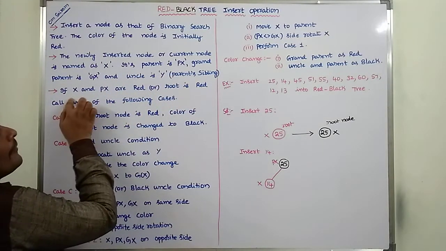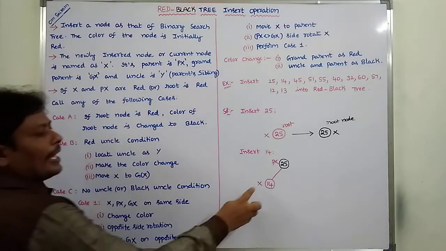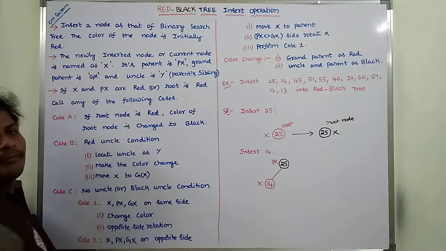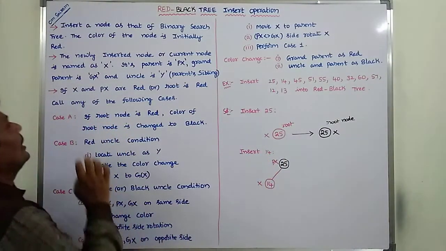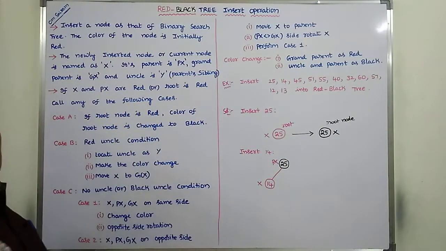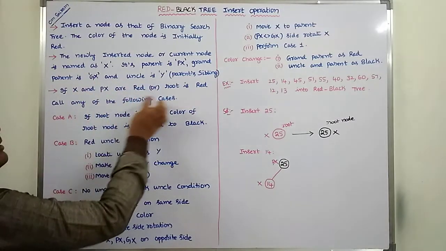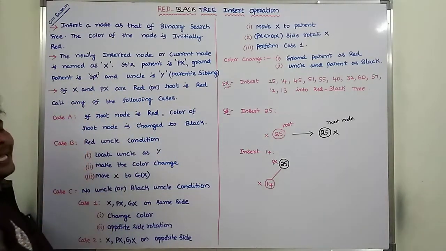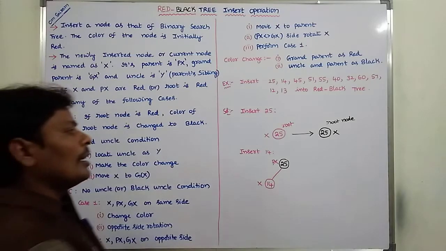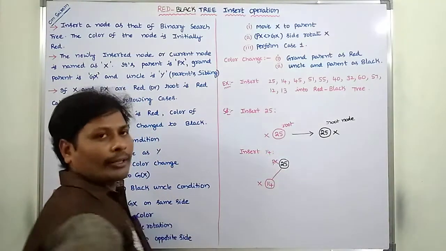Next, if X and Px are red: false. Root is red: false. Both are false, so there is no going to case A, case B or case C. So our tree is a red black tree.